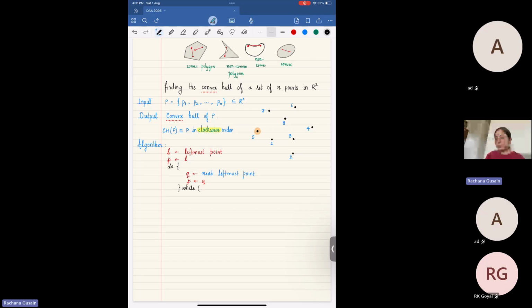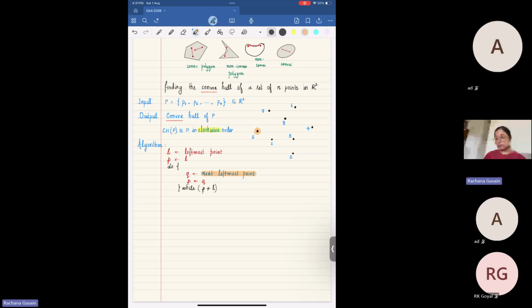Once I come to a point where the next leftmost point happens to be L, we exit from the loop. So that's the simple algorithm to compute the convex hull. The only piece that remains to be implemented is this: how do we find the next leftmost point?